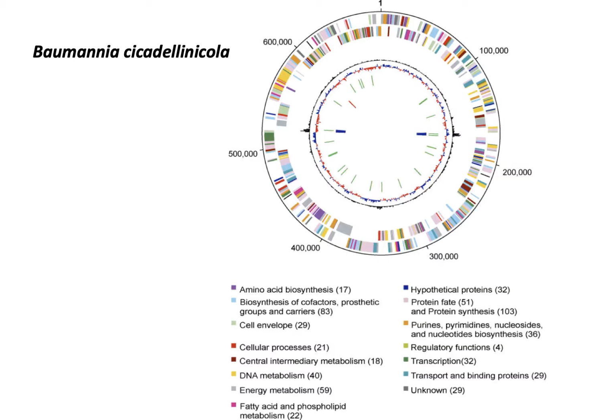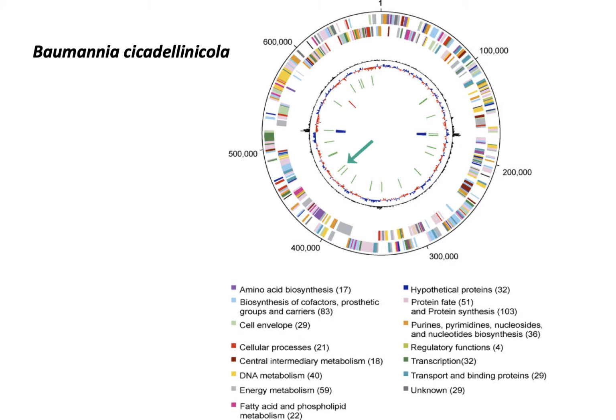Here is a representation of the genome. Again, the outside 2 rings are genes on one strand versus the other strand. And again, as we've seen previously, the genes are very compacted together, very concentrated. If you have genes on one strand, you don't have genes on the corresponding strand on the other side, so they're sort of mutually exclusive.